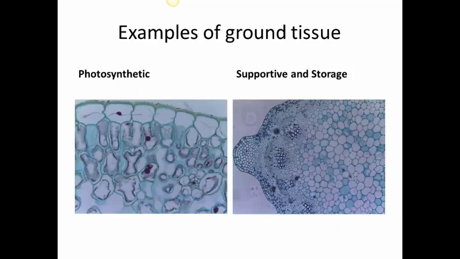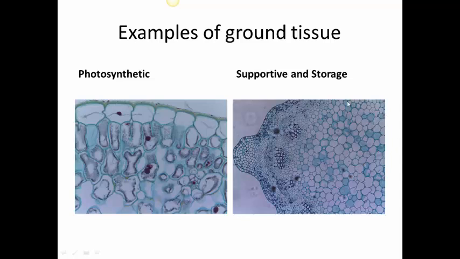So in these micrographs, we can see examples of photosynthetic cells, ground tissue cells within the leaf. This looks like a little vascular bundle, but the rest of the cells here that aren't part of this outer covering would be ground tissue.